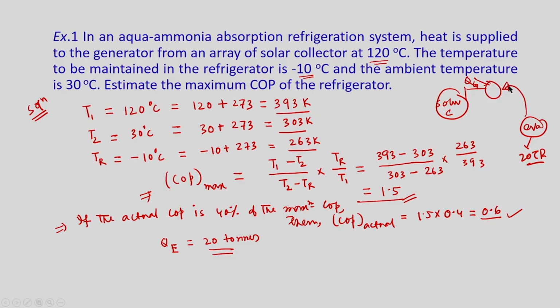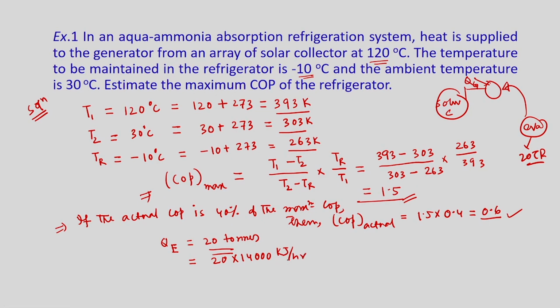How will we proceed, right? If we consider Qe equal to 20 tons, then 1 TR is how much in kilojoules per hour? It will be 20 multiplied by 14000 kilojoules per hour, right.